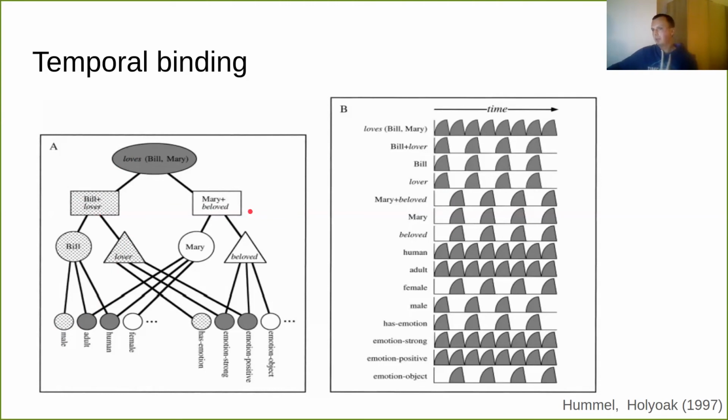This is a prediction of this model. Maybe this prediction is correct, although, at least to my knowledge, there is not so much evidence supporting it, but maybe this is correct. But it's certainly a constraint which is given by this model.